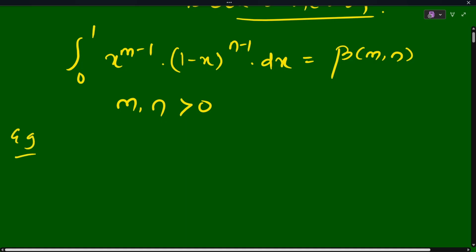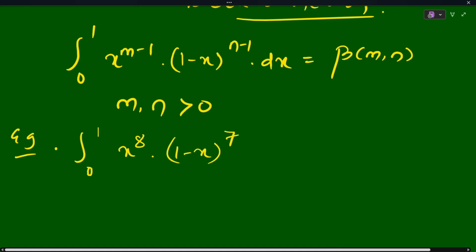Suppose a question is given like this: x to the power 8 into 1 minus x to the power 7 dx. Then how to find this one? If you use the standard formulas to find the integration, this is one function and this is the second function, so you have to use integration by parts, that is the ILATE rule.